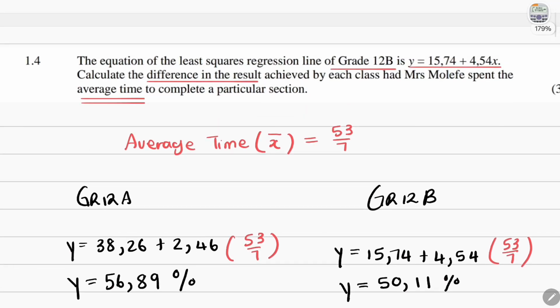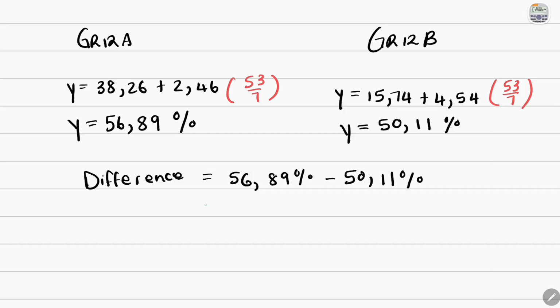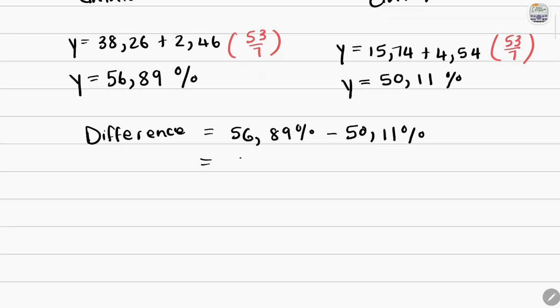So the difference they're referring to, the difference in result, this is what it's going to be. So difference, we can see that grade 12A is higher. So we'll just say 56.89% minus 50.11%. And this is equal to, that's just going to be 6 point 7 and 8.